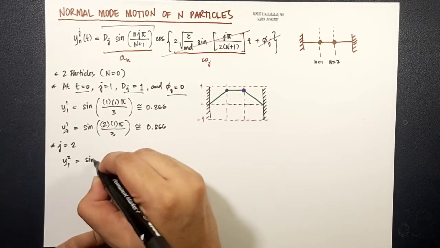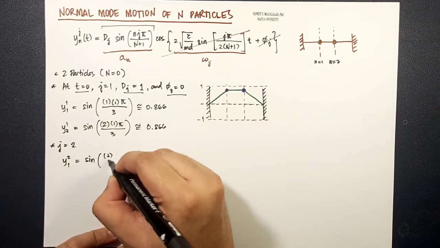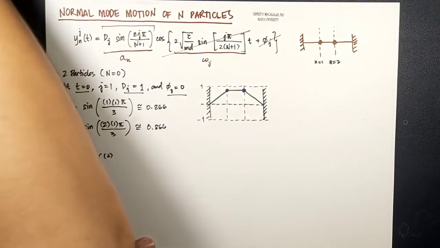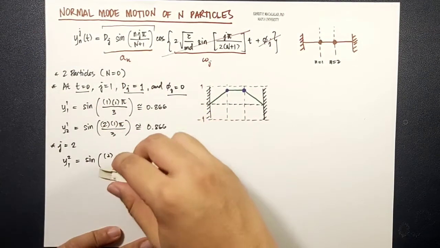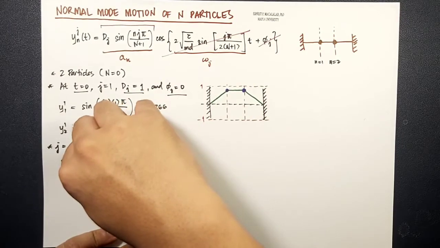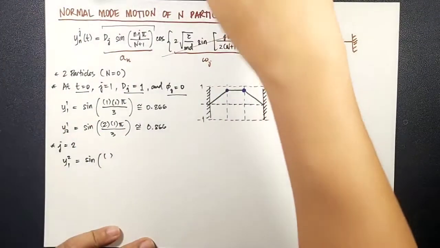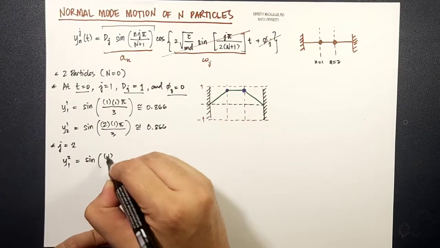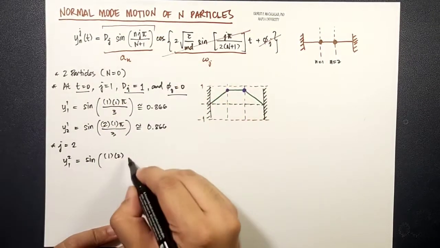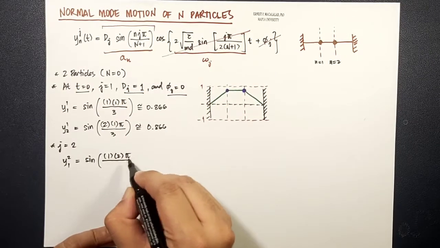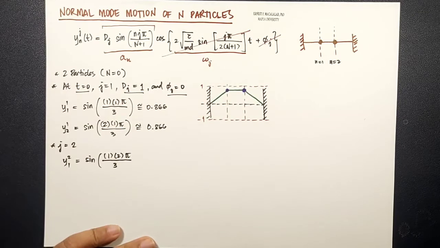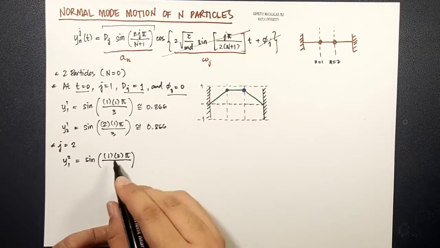This is equal to sine of j equal to 2, times n equal to 1, times pi over 3, so that's 2 pi over 3.